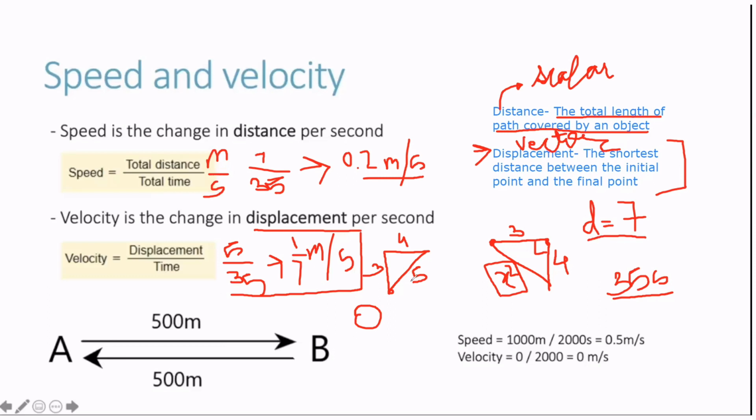But the distance would be 3 plus 4 plus 5, that is 12. So we can easily find out that this minute difference between distance and displacement is what changes speed and velocity. So do memorize the formula, as it is a very simple one.